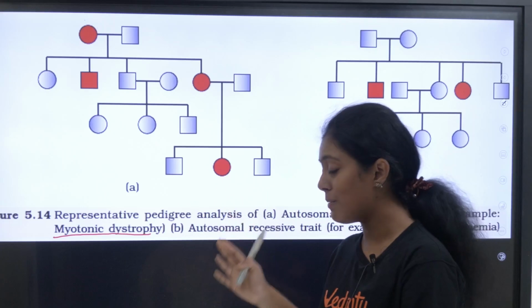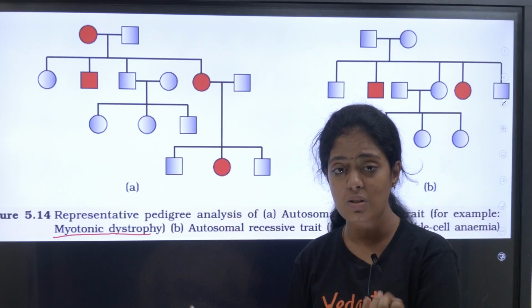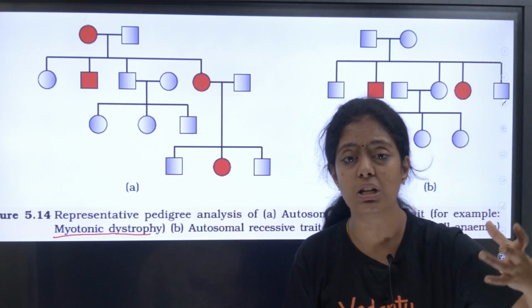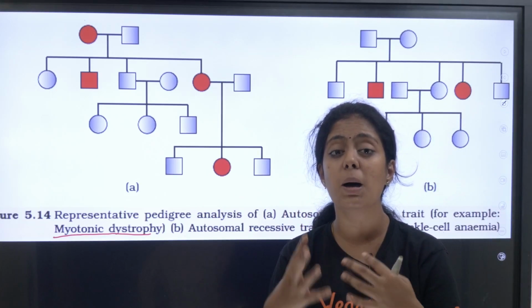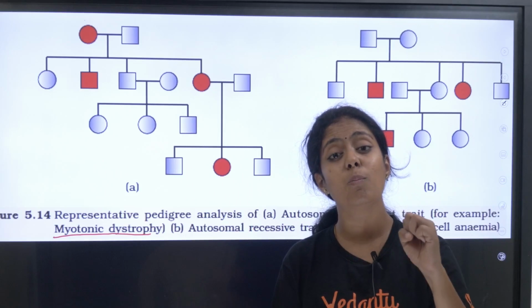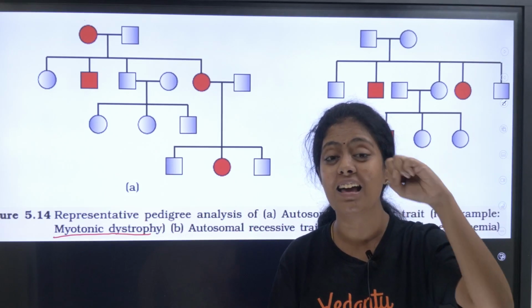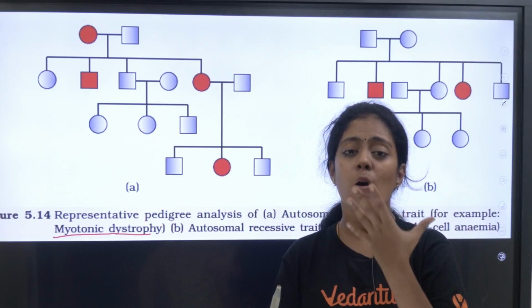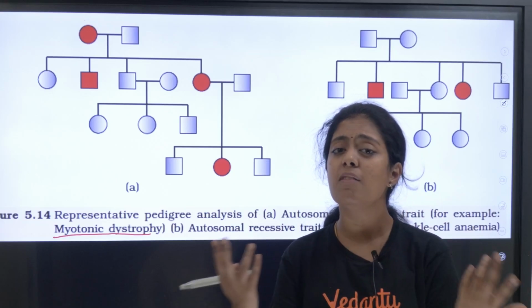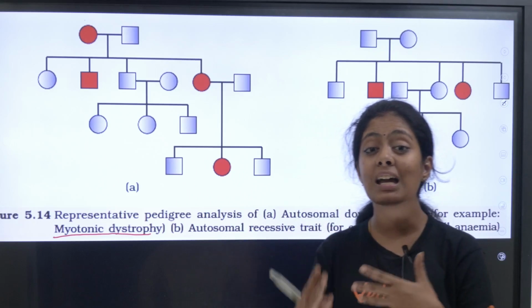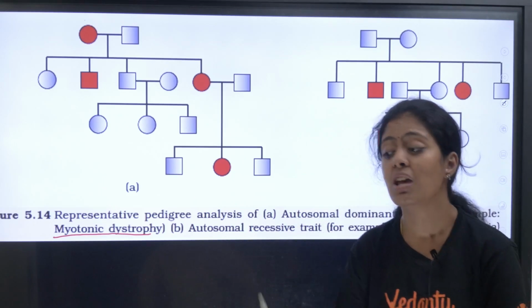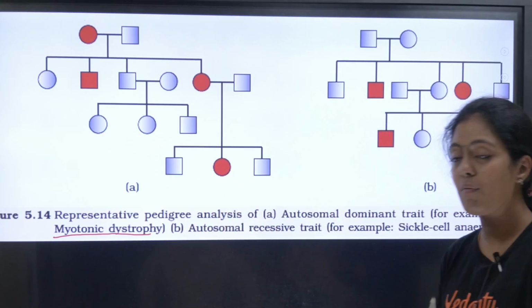But in people with myotonic dystrophy, the dystrophin gene is mutated, so the protein is not produced properly and the muscles do not contract and relax properly. Your lungs, your stomach, nothing will work, because they are all muscular in nature. As a result they die at a very young age, and that's myotonic dystrophy.